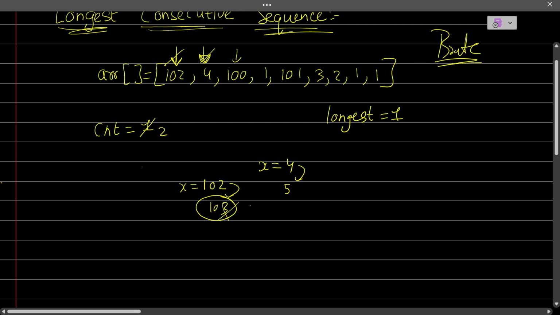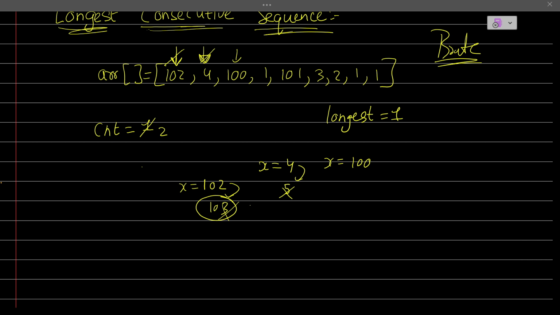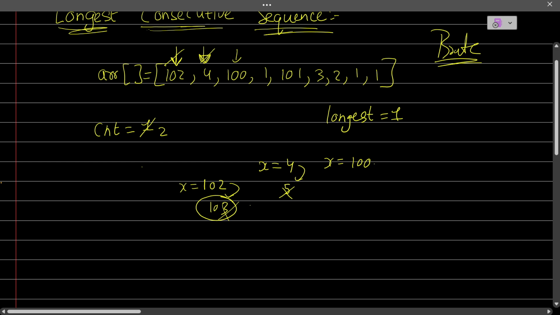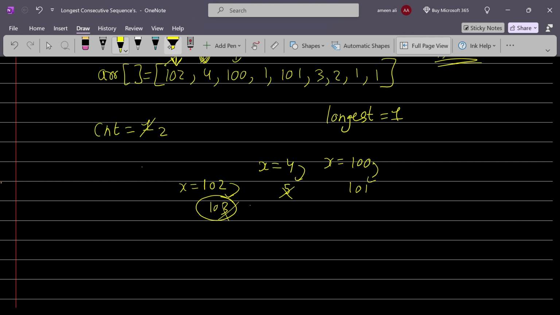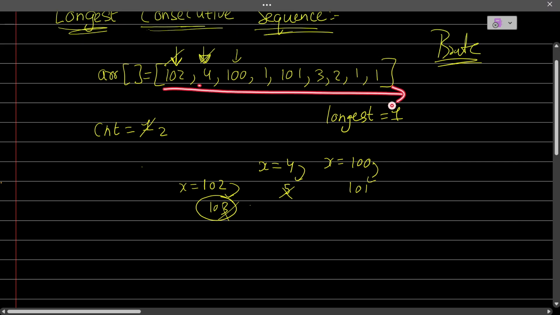So I've got 100. If x is equal to 100, what will be the next element? The next element will be 101. Is 101 there in the given array? When you do a linear search, yes, there is 101. Is there 102? Yes, there is 102.